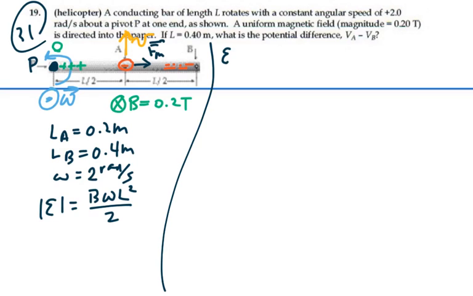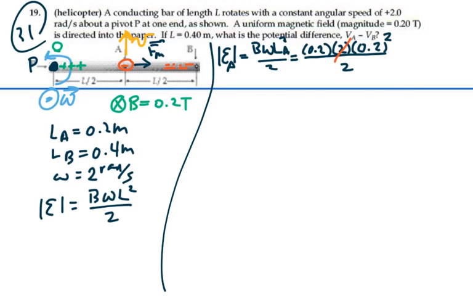So the magnitude of the EMF to point A is B omega L_A squared divided by 2, which is 0.2 Tesla times the angular velocity of 2, times the length to A, 0.2, squared, over 2.